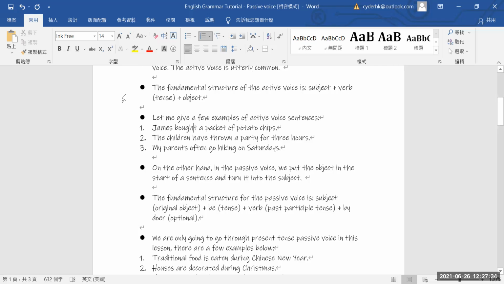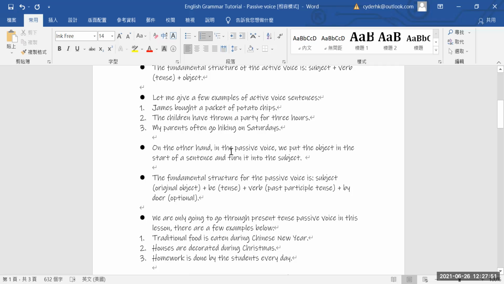Passive voice. As I said earlier, the passive voice takes the object in an active voice sentence and places it at the very start of the sentence, so it makes it the crucial part of the sentence. In the passive voice, we put the object at the start of the sentence and turn it into the subject.